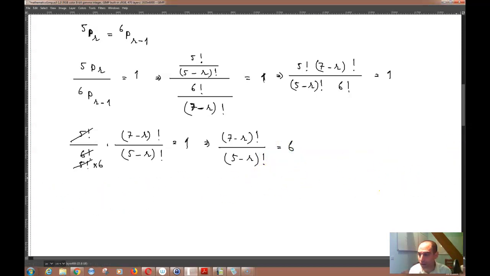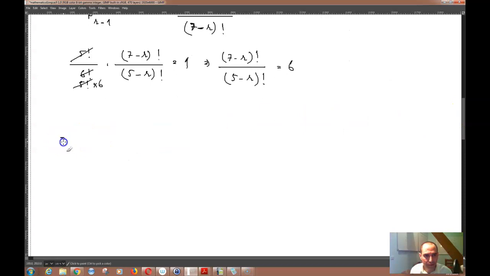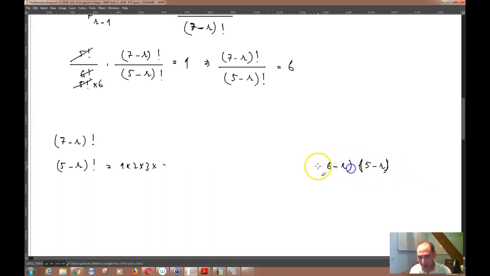And so what that means is, if I write 7 minus r factorial, and 5 minus r factorial is the same thing as 1 times 2 times 3 times all the way up to 5 minus r. Now I can write over here 6 minus r, and over here 7 minus r.